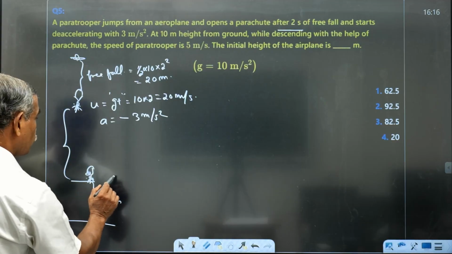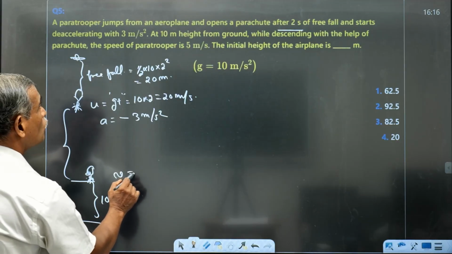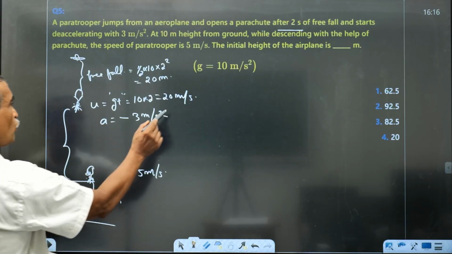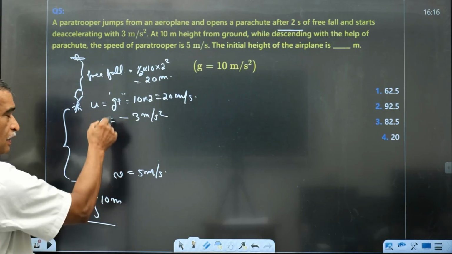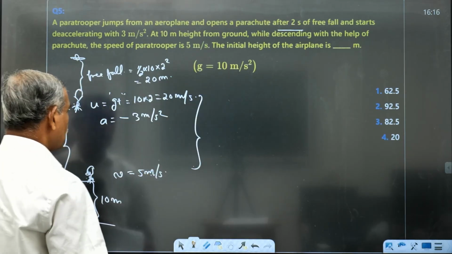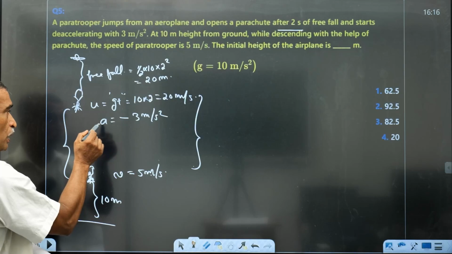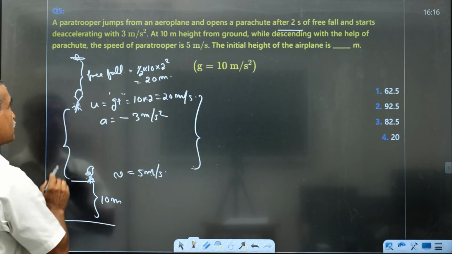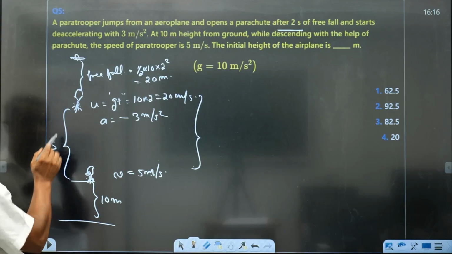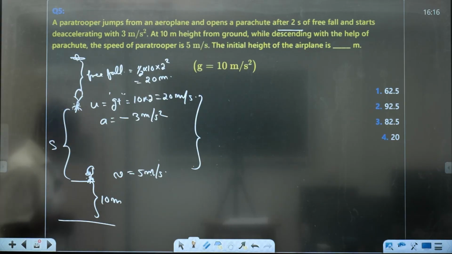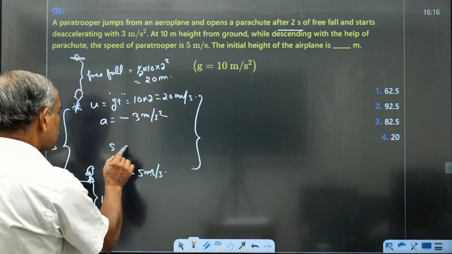So here v is equal to 5 meters per second. Now for this journey, we are given u, a and v, and we need this distance s.